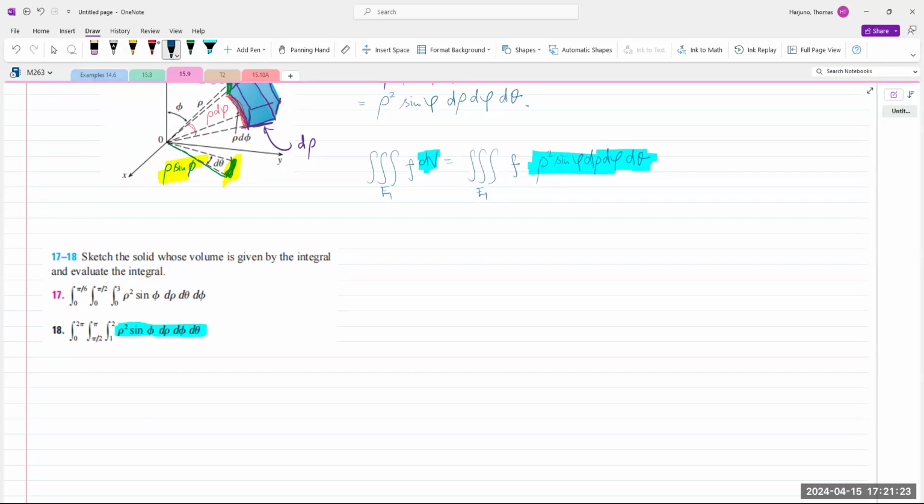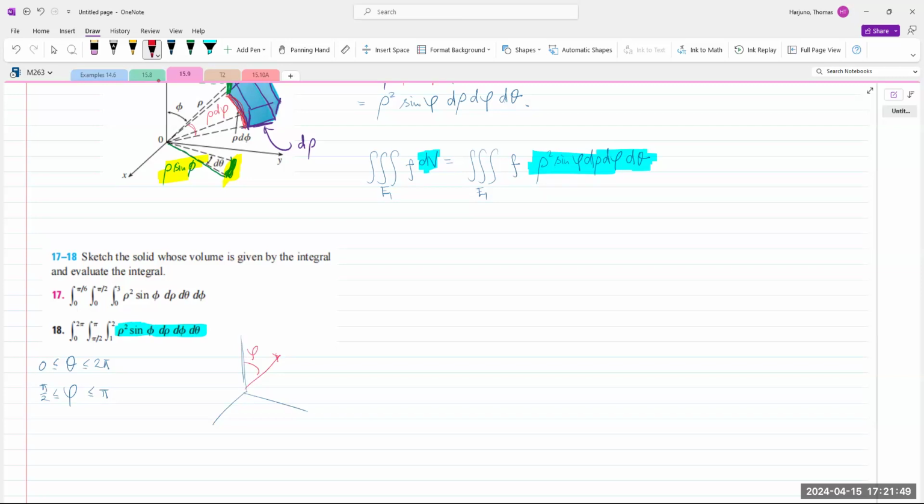But notice that the theta is from 0 to 2 pi, right? And then the phi is from pi over 2 to pi. Remember, what is phi? Angle phi is the angle from positive z-axis. This is the phi.